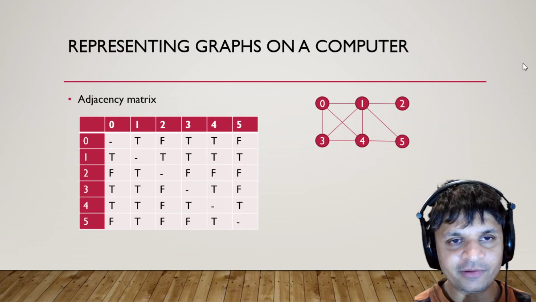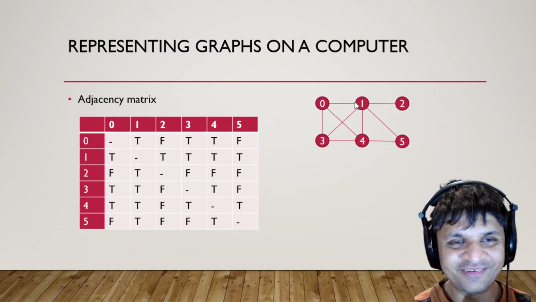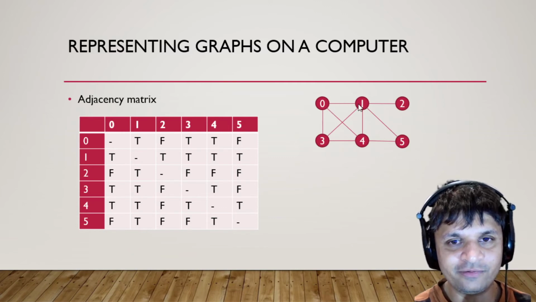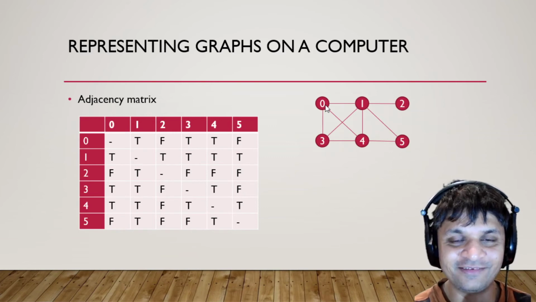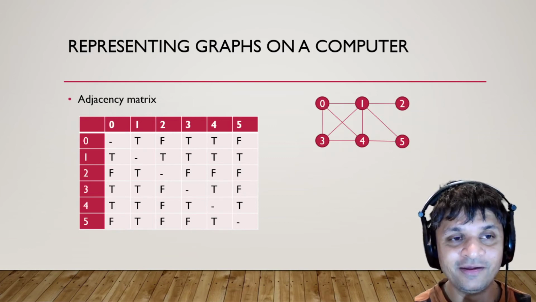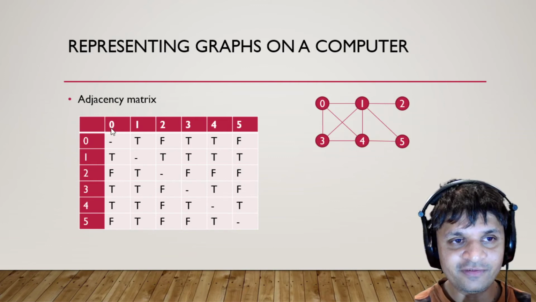The thing about this graph is that it's an undirected graph, right? You'll see there's no pointy arrows. The edge doesn't go from 0 to 1 or from 1 to 0. It goes in both directions, or in neither direction, I guess, considering we're using the term undirected. Now, for an undirected graph, if there's an edge between 0 and 1, there will also be an edge between 1 and 0, right?